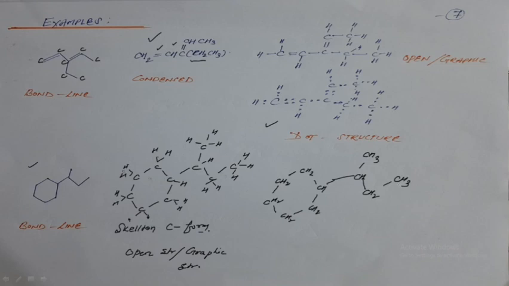So this one is the condensed form, and after this you can write again, and these carbons you can also write together, like this. This is also the condensed form.